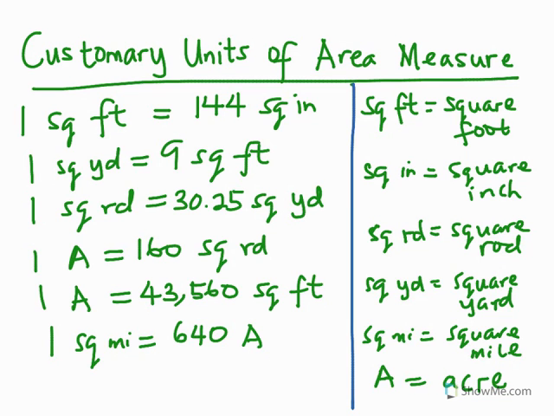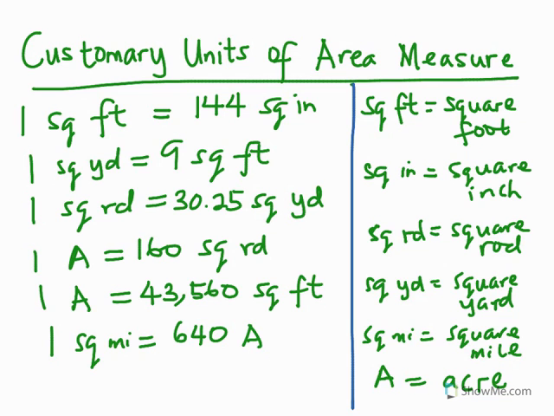We see that 1 square foot is equal to 144 square inches. 1 square yard is equal to 9 square feet. 1 square rod is equal to 30.25 square yards. 1 acre is equal to 160 square rods.